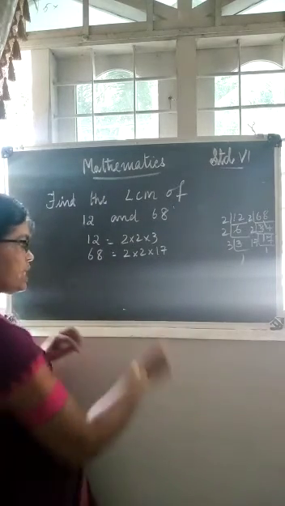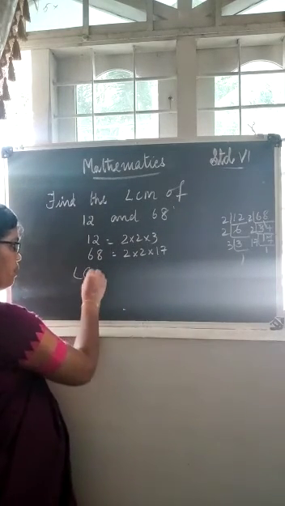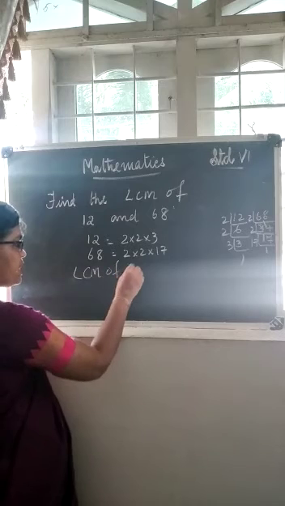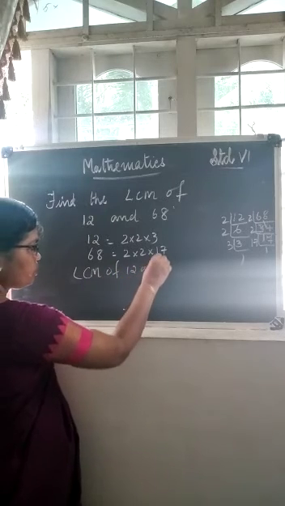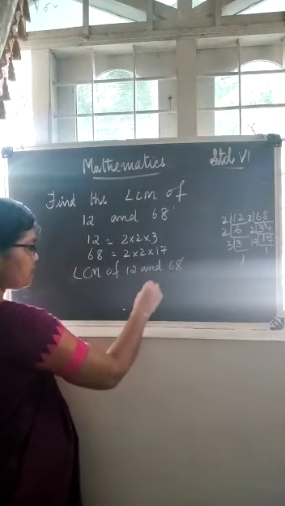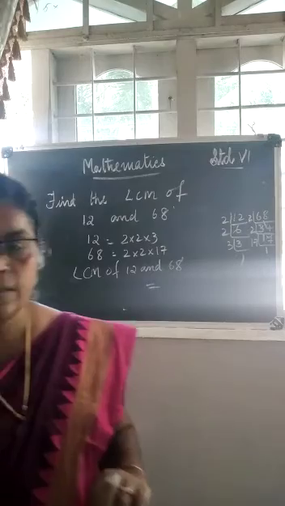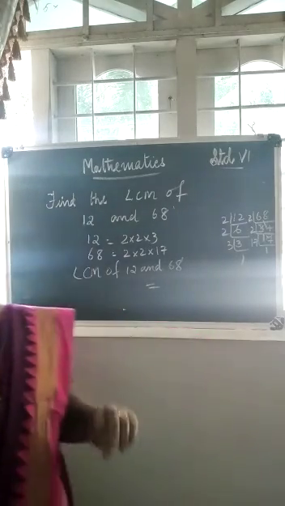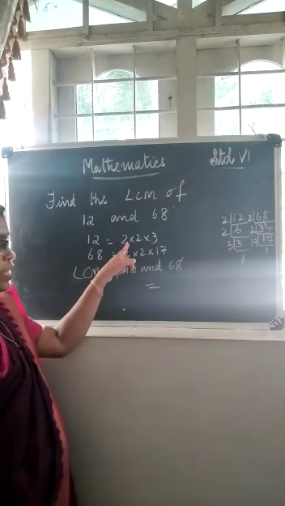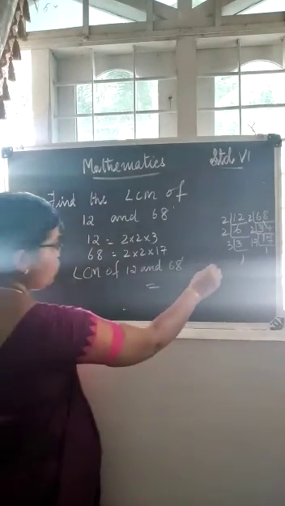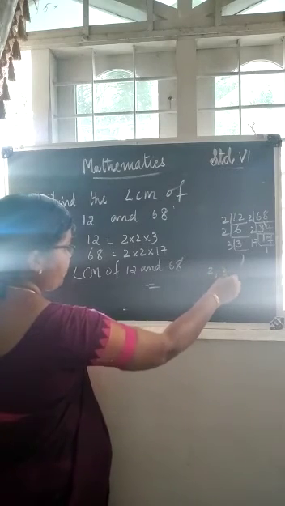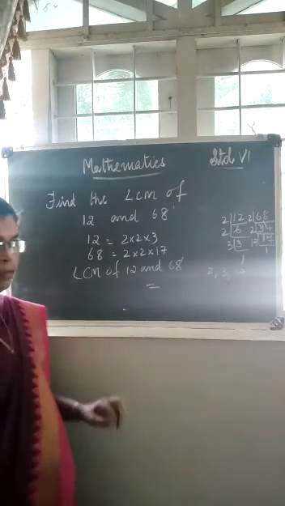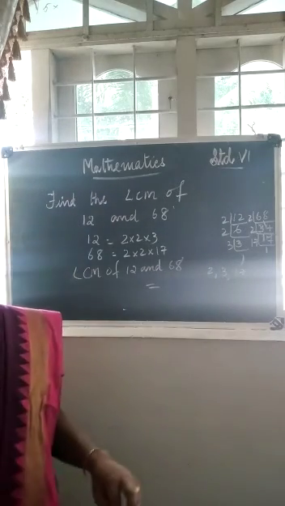Now let us write the LCM of 12 and 68. Which are the factors? 2 is a factor, 3 is a factor, 17 is a factor. 2, 3 and 17. These are the factors.